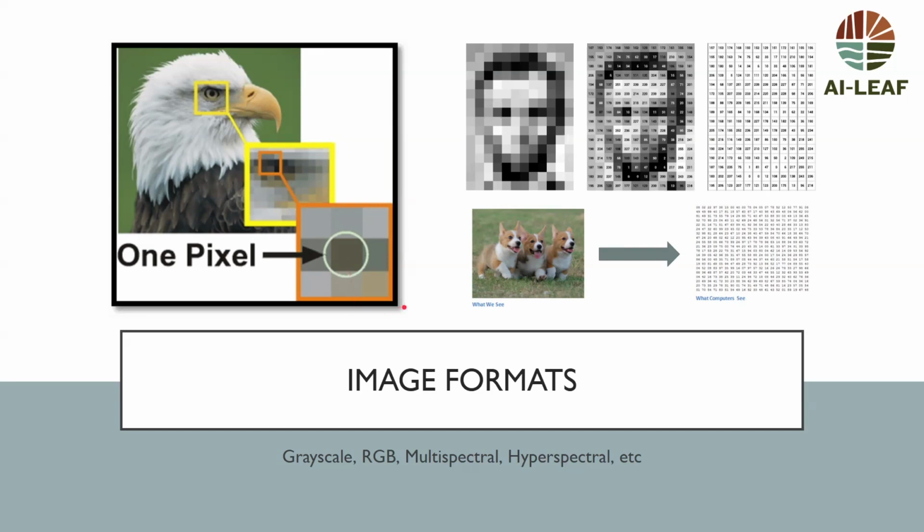And what we want this computer, or this CNN, to do is to take this set of numbers and give us a particular output, that this is something, or this is that thing. We're going to see in the next few slides how CNNs take this set of numbers and give us an output on what we want to see.